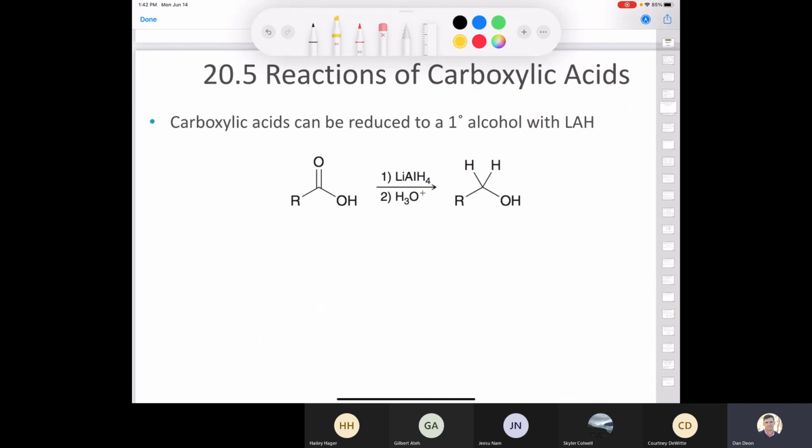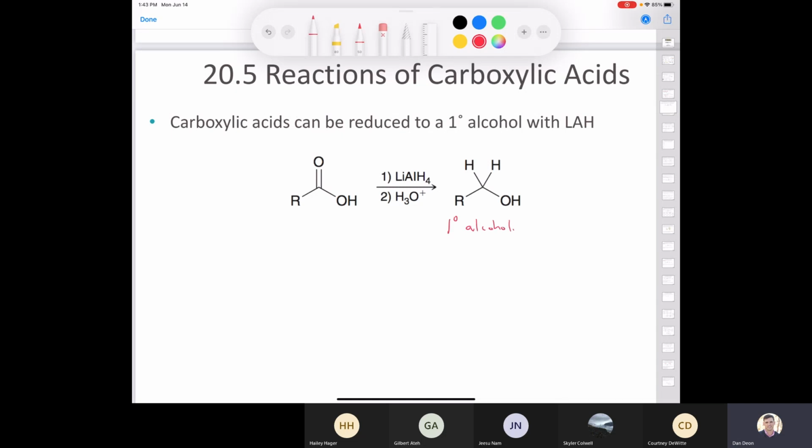Well, let's take a look at some reactions of carboxylic acids. Remember how we used lithium aluminum hydride in the aldehydes and ketones chapter? That would be chapter 19. We used lithium aluminum hydride to reduce an aldehyde or a ketone. We said it works very well. Well, you can also use lithium aluminum hydride to reduce a carboxylic acid to a primary alcohol. So notice, again, starting with a carboxylic acid, we end up with a primary alcohol.